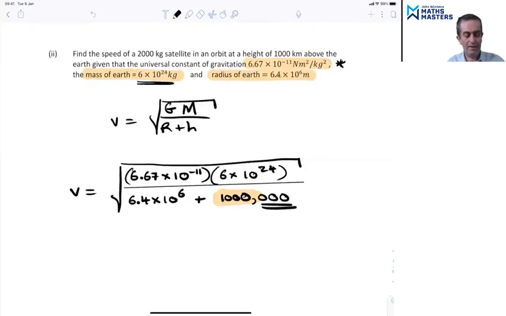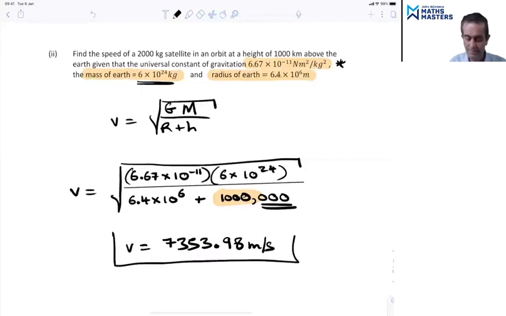So just make sure you count your zeros properly. So that's 1 with 6 zeros after it. Close your brackets, and that's equal to that. And then we need the square root of our answer. So our answer is the speed of the satellite is 7,353.98 meters per second to 2 decimal places.